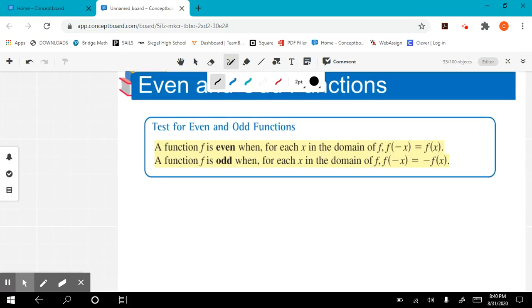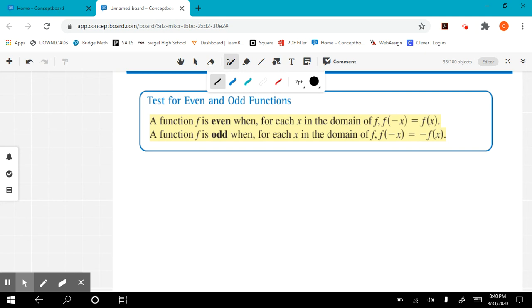The last thing is algebraically how to determine if it's odd or even. So notice what it says here. It says a function f is even when for each x in the domain, whenever you substitute negative x in for x, you get the original function value, right?